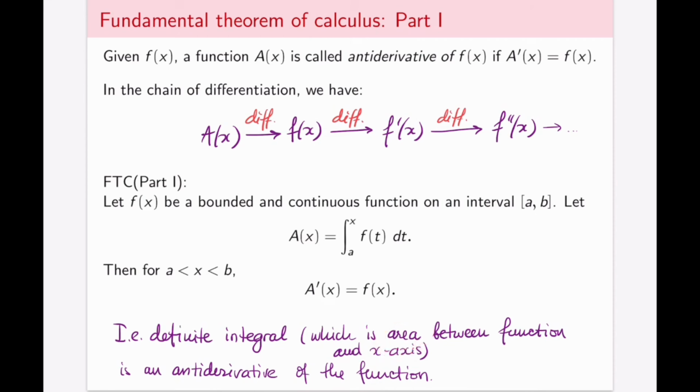So for a really quick recap of how derivatives and antiderivatives are connected to the graph of the function, let's say I have a graph of some function f of x.